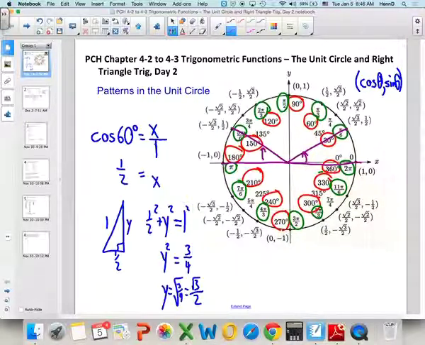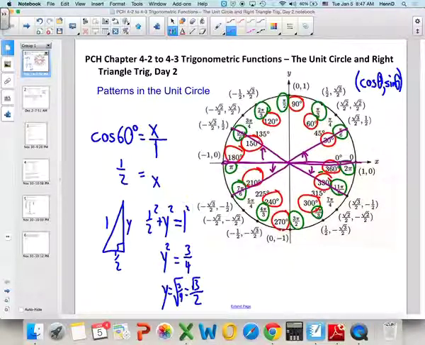So these two angles, pi over 6 and 5 pi over 6, have the same reference angle. 11 pi over 6 and 7 pi over 6 also have the same reference angle as the other two.